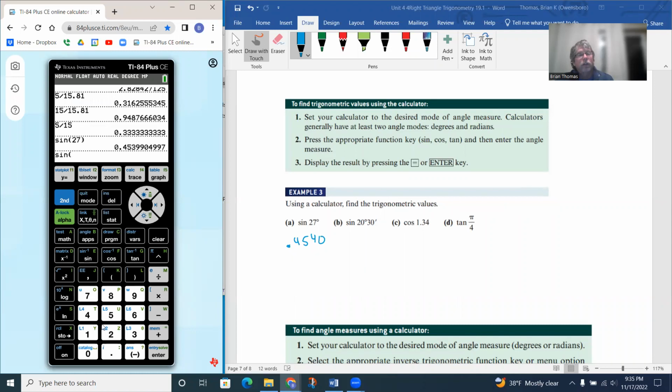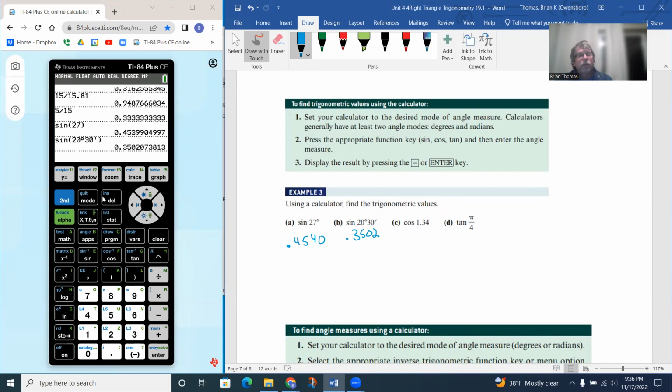I do 20, hit the second button angle, choose number 1, and then 30, second angle, choose number 2 for minutes. That'll also give me our measure, which is 0.3502. Now, for this one, since there is no degree symbol, this is understood to be in radians.